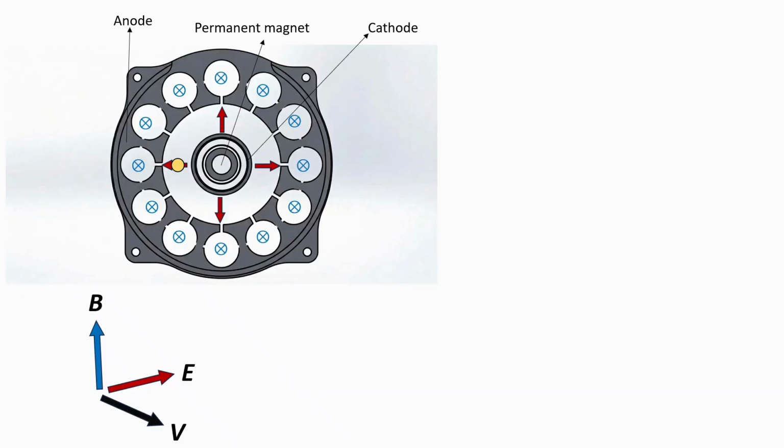By left-hand rule, our electron would follow a circular path, as you can see over here, and it experiences a force called the Lorentz force. Over here, F is force, Q is electric charge, E is external electric field, V is velocity, and B is the magnetic field.